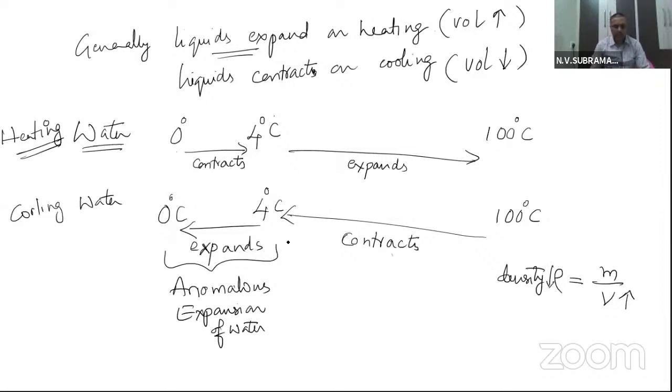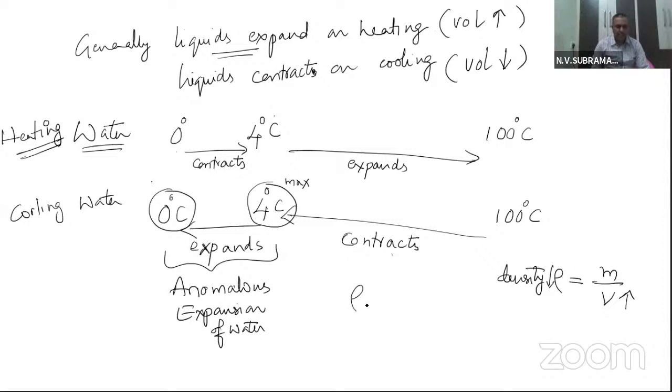That means the density of water is more at 4 degrees, actually maximum at 4 degrees, and it is minimum at 0 degrees. That means in the range 4 degrees to 0 degrees, density of water decreases.